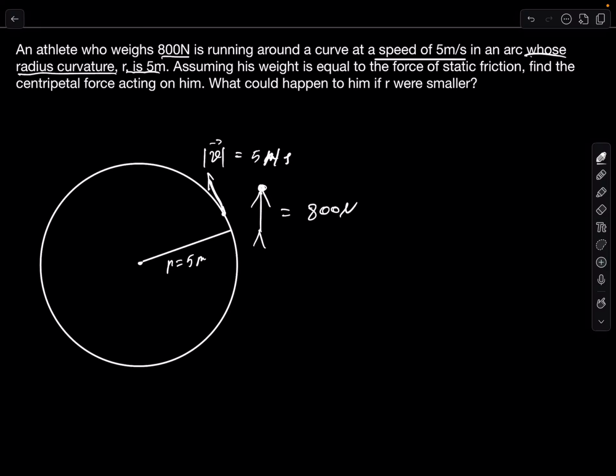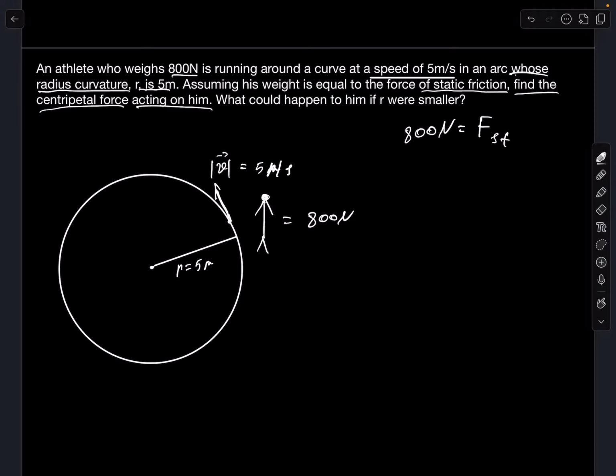Assuming his weight is equal to the force of static friction, so his weight is 800 newtons as they told us right over here, his weight, 800 newtons, is equal to the force of static friction. Find the centripetal force acting on him. Do you remember centripetal acceleration?